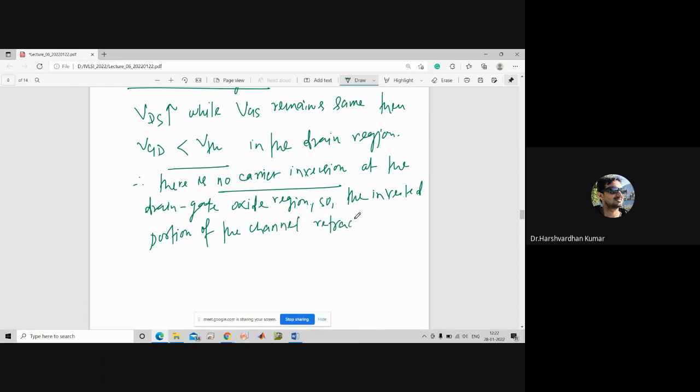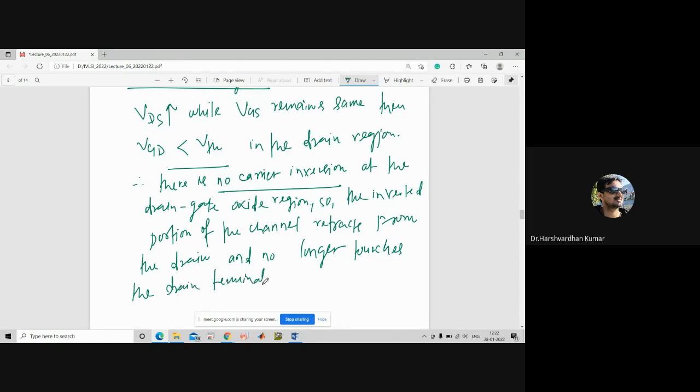Retracts means removed from the drain, and no longer touches the drain terminal.